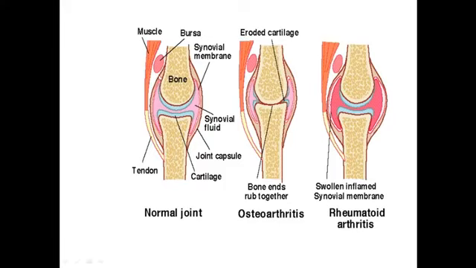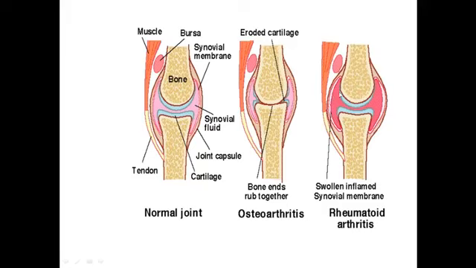Here is shown a normal articular joint. This is osteoarthritis, where there is articular destruction. But in rheumatoid arthritis, the articular surface is intact, but the synovial membrane is inflamed. This is the synovial membrane.